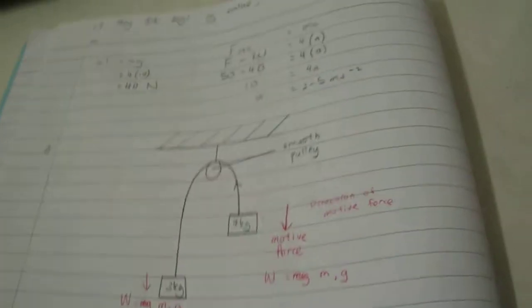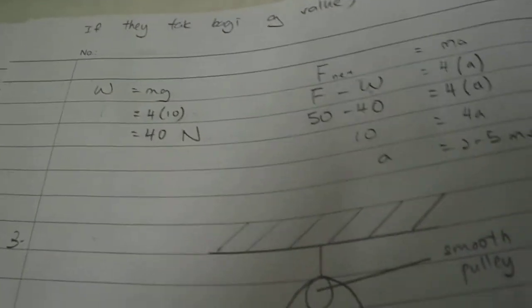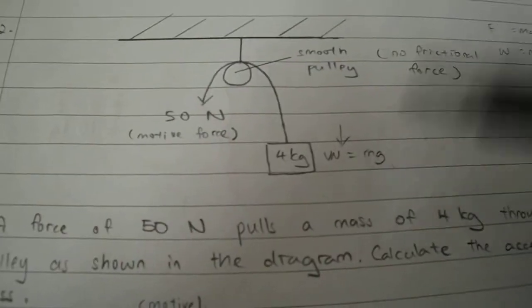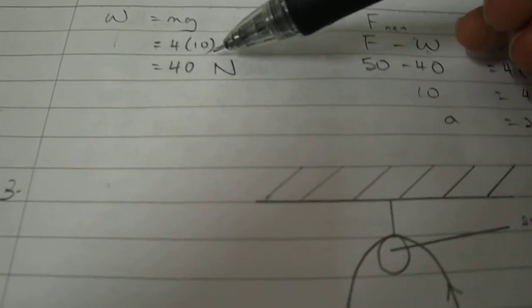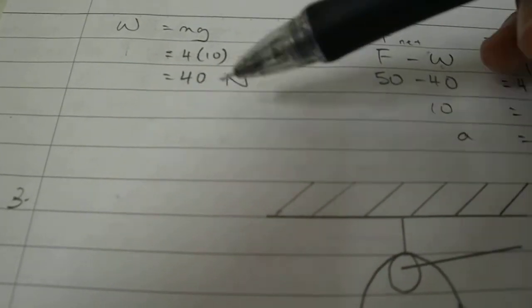So like I said, W equals mg, to find the force that this weight is exerting. So m is 4 kg, gravitational acceleration is 10 because they didn't specify, so it was 40 Newton.